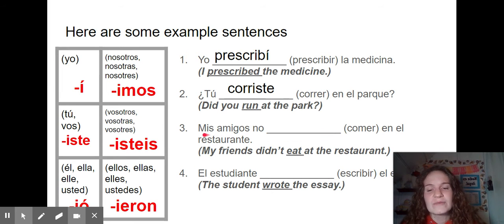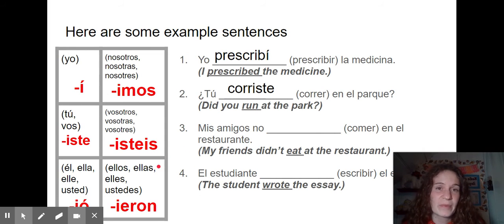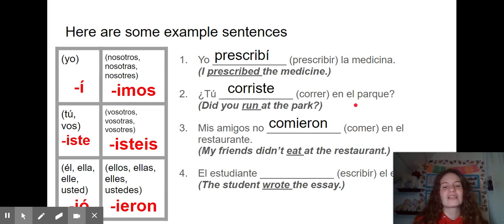So in this case, the subject is mis amigos, my friends. I'm talking about multiple people. It's plural. So I'm going to have to use this form, the ellos, ellas form, which is they. My friends are they, right? So that's comieron, com, and then ieron, comieron. Mis amigos no comieron en el restaurante. My friends did not eat at the restaurant.